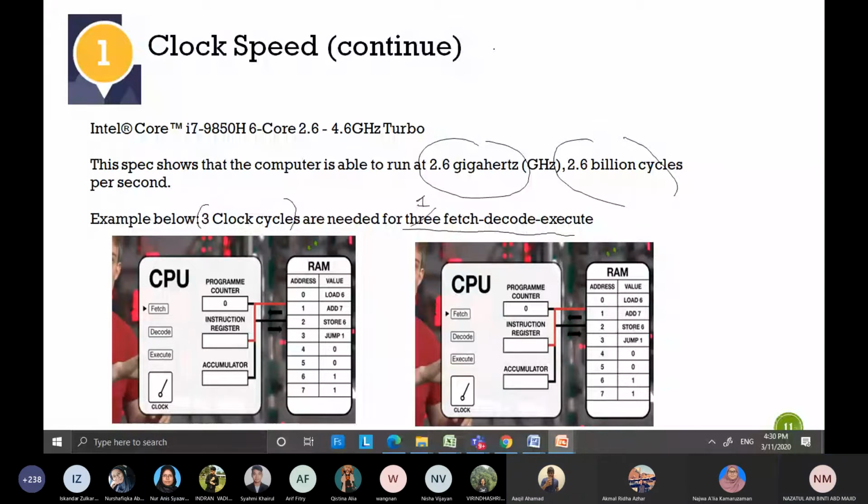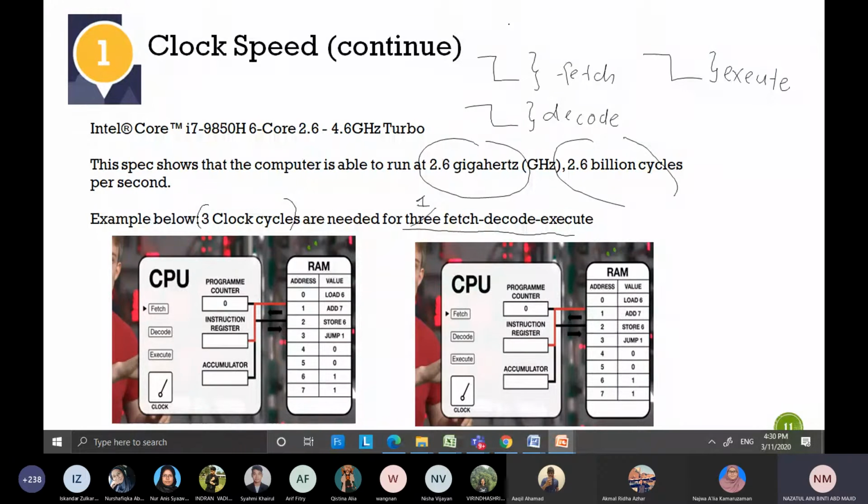So it means that in 1 clock cycle you will fetch, then in another clock cycle you will decode, and then in another clock cycle you will execute.